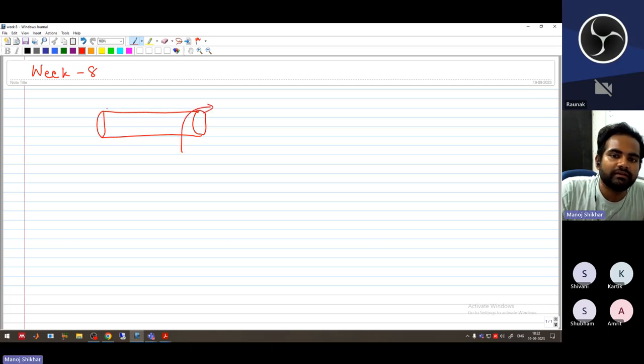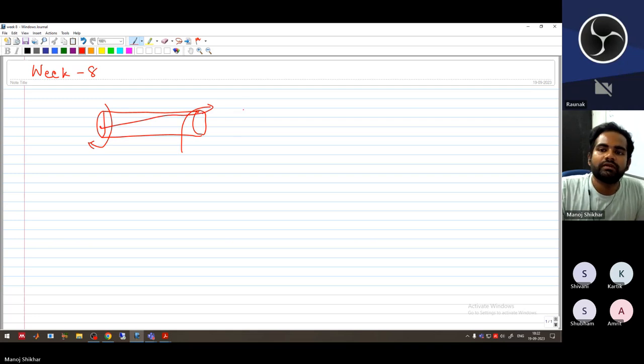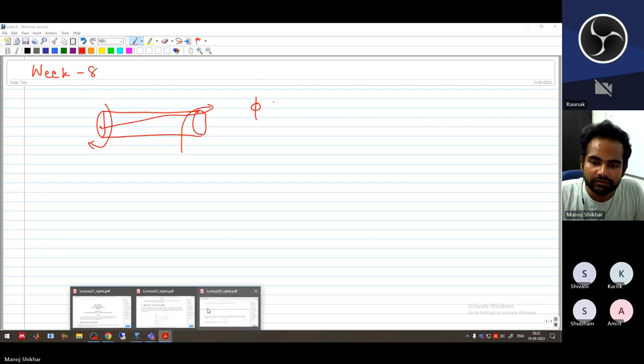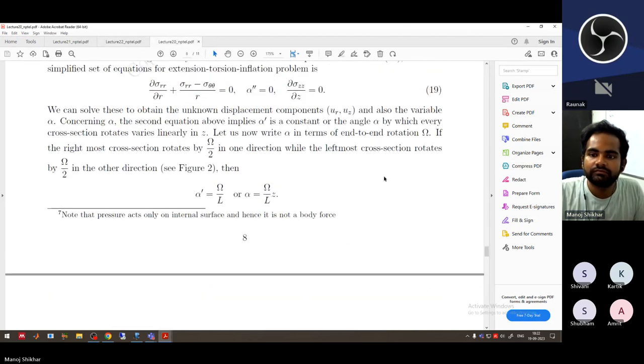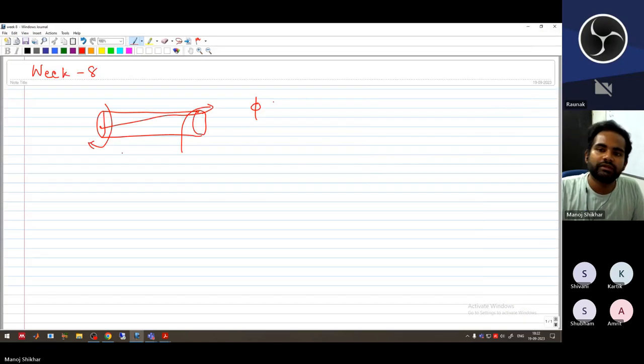Suppose this end is rotated like this and this is rotated like this. So this is like linear variation.